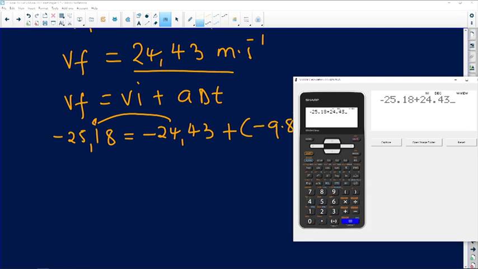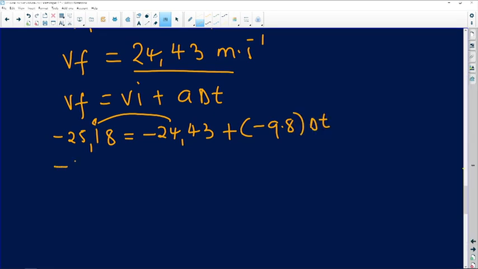And therefore, what do we have there? We have a negative answer, negative 0.75 equal to negative 9.8 changing time.